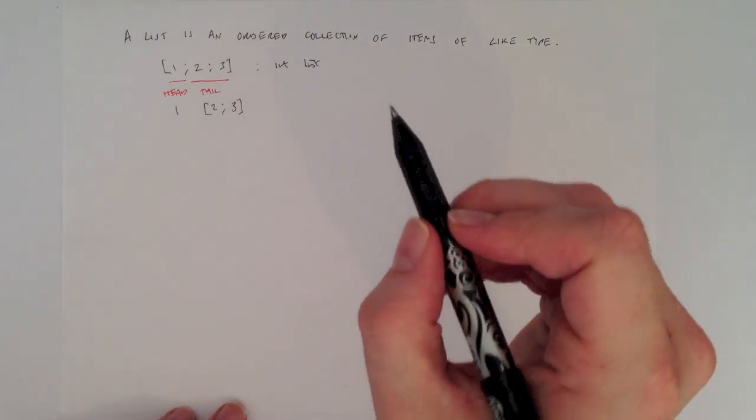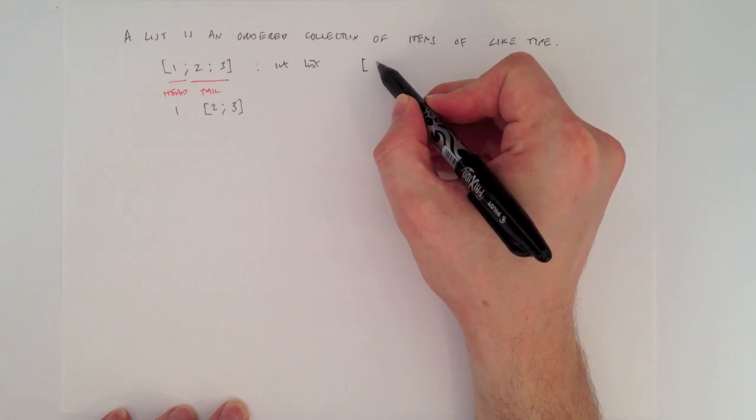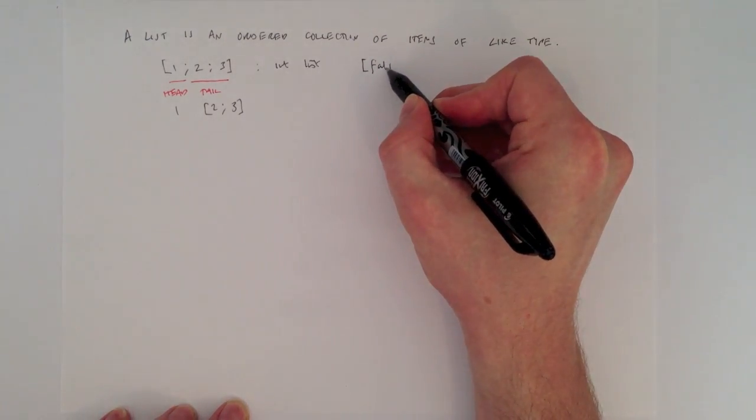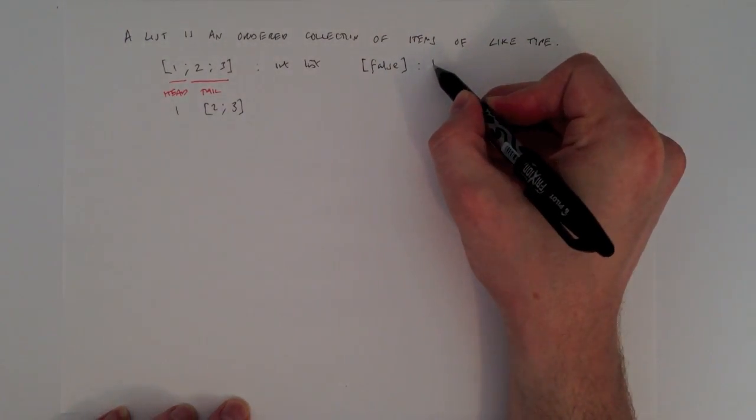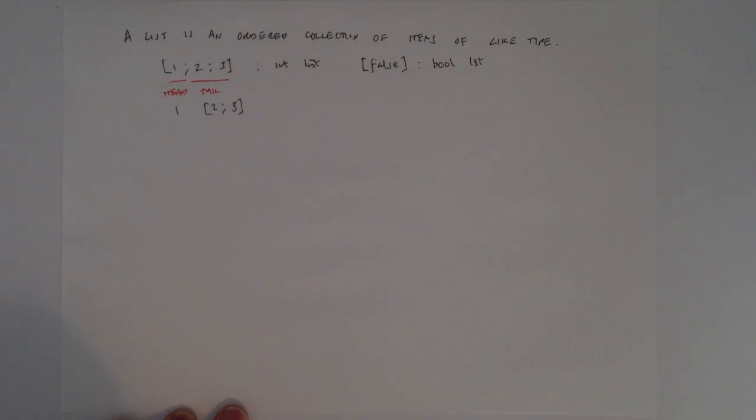We can have, of course, a list just containing one item. So this is the bool list, just containing one item, false.